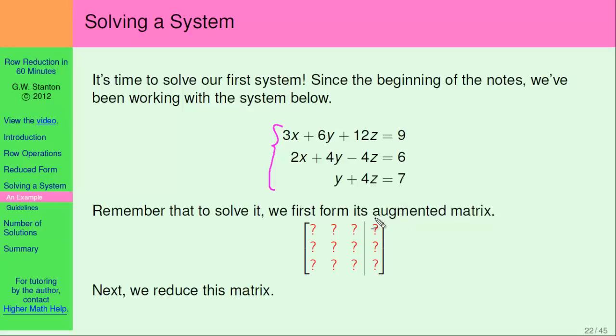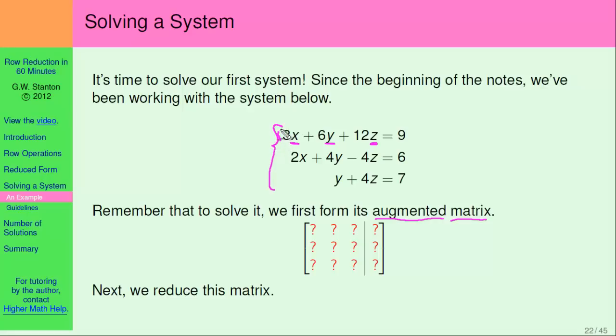And remember that the first step is to form what's called the augmented matrix. And the way that we do that is we just go back to the system of equations and make sure that each equation has the variables listed in order, x, y, z, which they do, and then we put the numbers into the matrix in the same order.